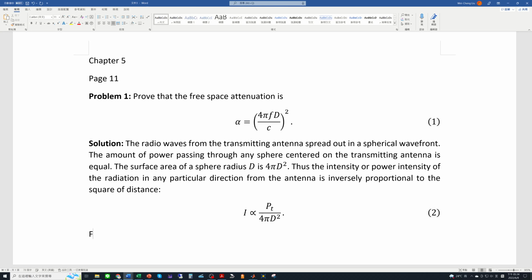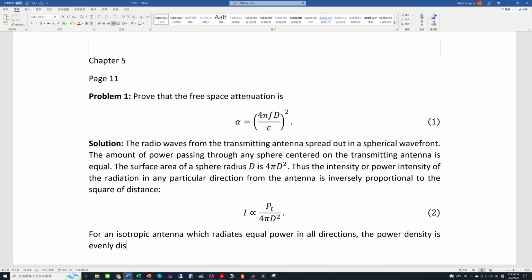For an isotropic antenna, which radiates equal power in all directions, the power density is evenly distributed over the surface of a sphere centered on the antenna.